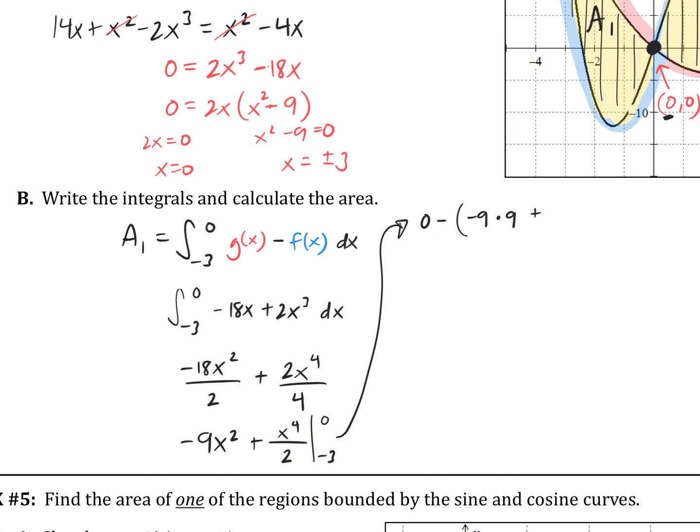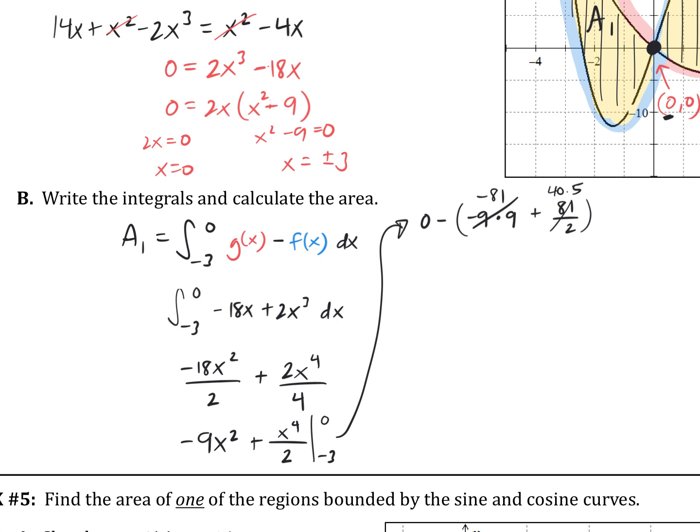+81, yeah. So that would be plus 81 over 2. Okay, 9 times 9, that's -81. And then 81 over 2, that's like 40.5, yeah?